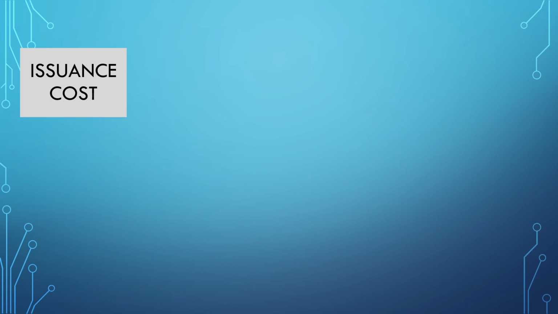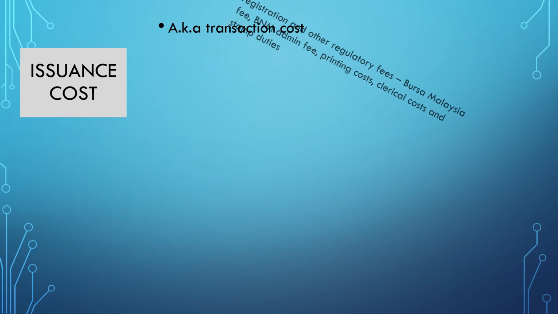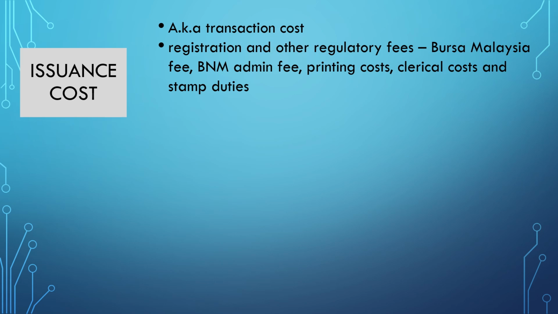The issuance cost of a financial liability or debenture is also known as a transaction cost. These are the registration or other regulatory fees you need to pay to Bursa Malaysia or Bank Negara Malaysia, or the printing cost, clerical cost, and also stamp duties.